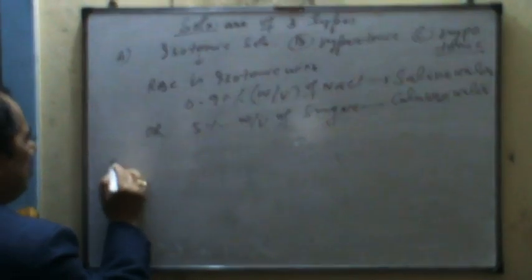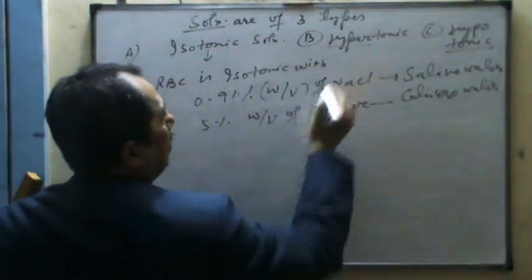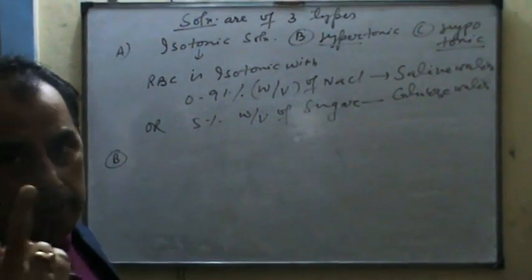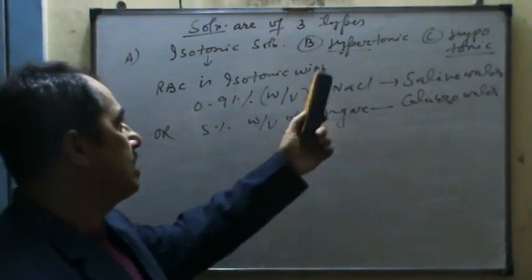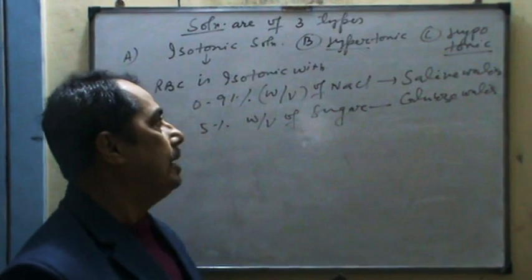And case B is hypertonic. Out of the 2 substances, if the concentration of one is greater than the other, it is called hypertonic.